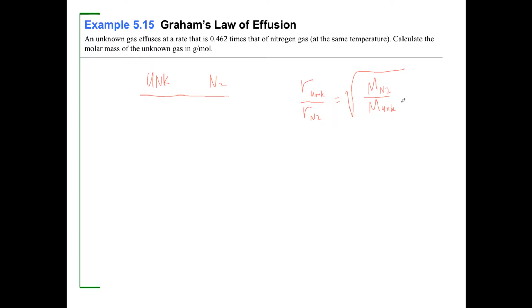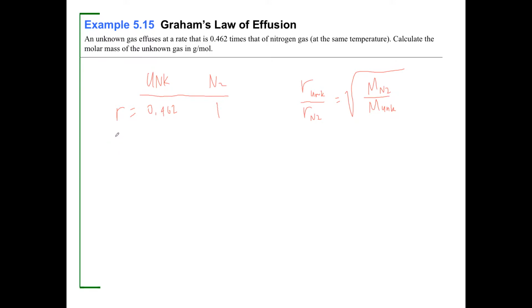If the rate of the unknown is 4.62 times that of nitrogen, I could just choose something for that and say it's 1, or rather, if it's 1, this is going to be 0.462. Can you see that?